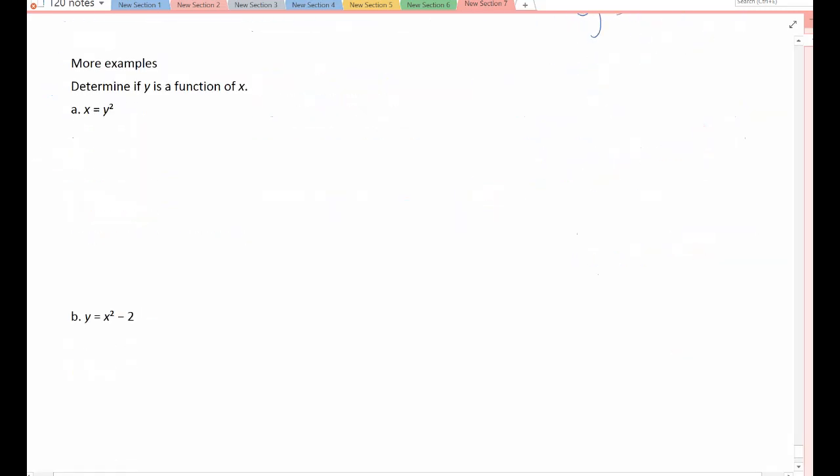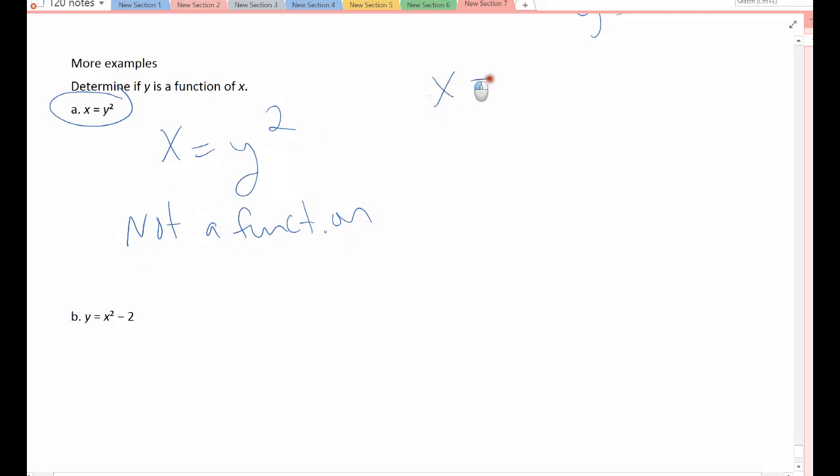Alright, so some more examples. One of these is a function, one of them is not. Again, it should be fairly obvious. This is the first example where x equals y squared. This is not a function. The reason why is, again, the y squared is sort of the giveaway. Suppose I let x be 16. I plug 16 in, I get 16 equals y squared. Well, if I'm solving for y, I use the square root rule, and it's plus or minus the square root of 16.